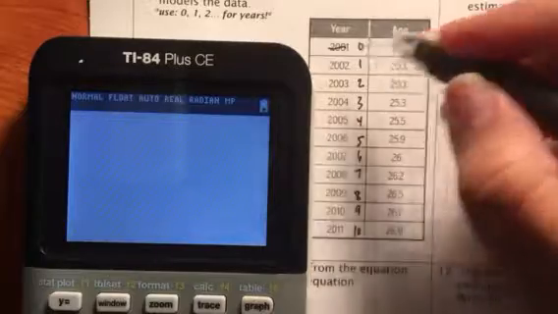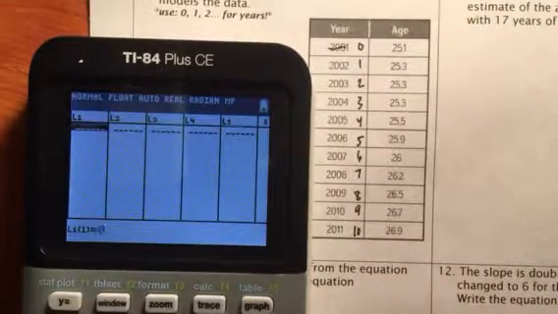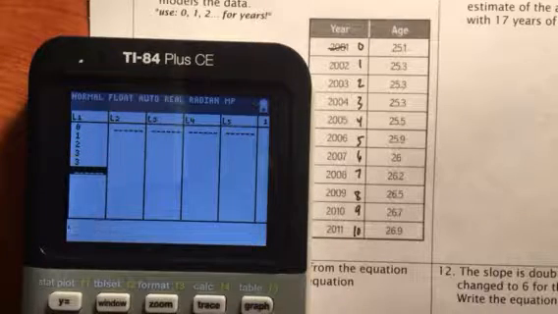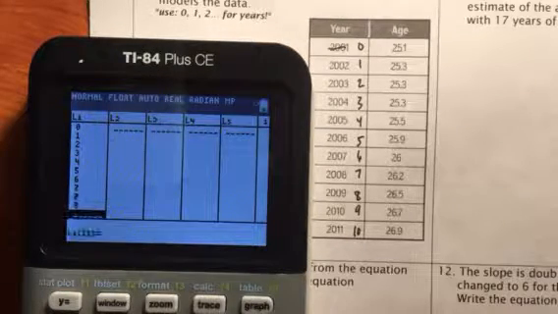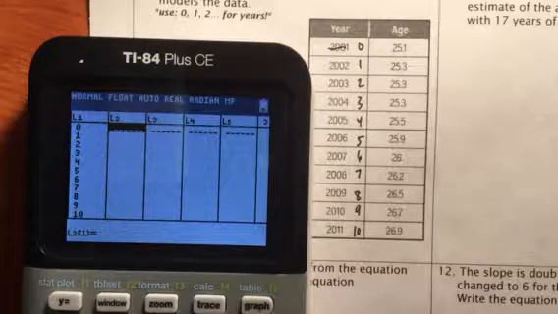So I'm going to go to stat, I'm going to press enter, and I'm going to type in those numbers. And then I'm going to type in the other set of numbers.